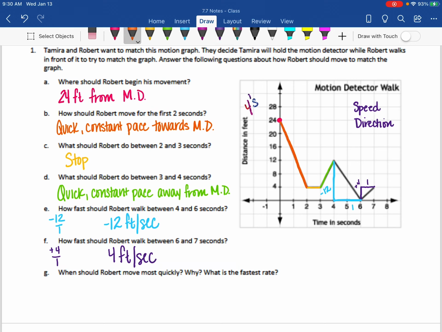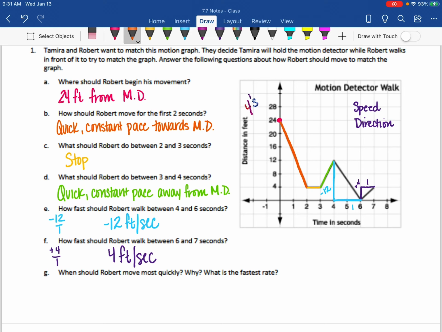Okay. All right, last question. When should Robert move most quickly and why? Okay, so if you are asked this question, you can answer it without calculating the rate. Now, we're asked to calculate the rate for this question, so we will have to do that eventually. But if you are not told specifically to calculate the rate, then you don't have to. So I'm just looking at the graph.